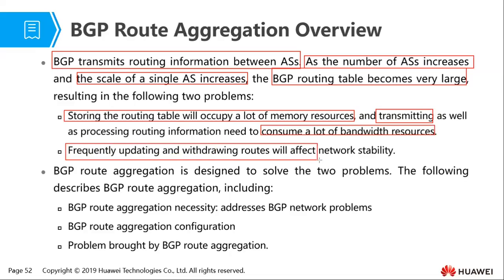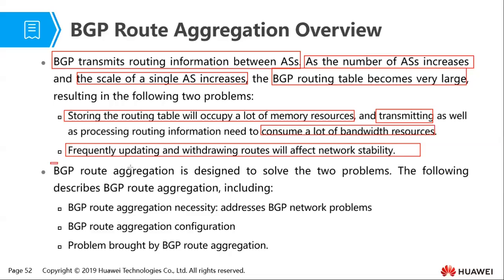Then the last problem is that frequently updating and withdrawing routes will affect network stability. Once we have so many routes, if there's any problem with a particular route, then the network will flap. We'll have updating and withdrawing. These are the same problems that we explained when we were talking about OSPF route summarization. So it's the same reasons why we need to summarize BGP routes.